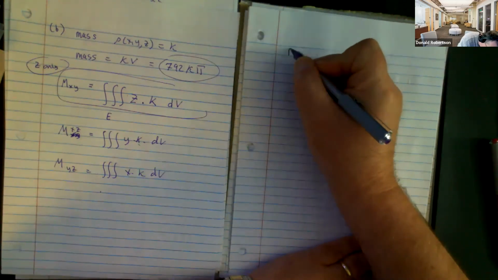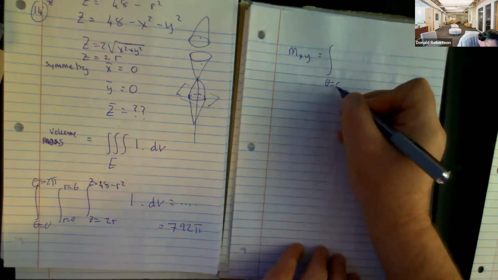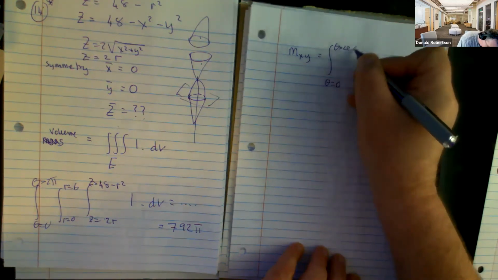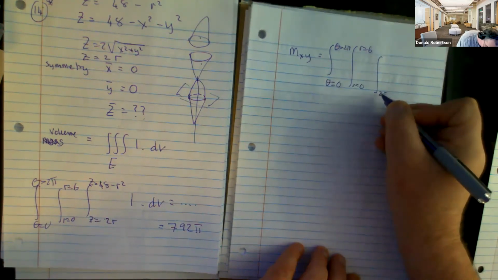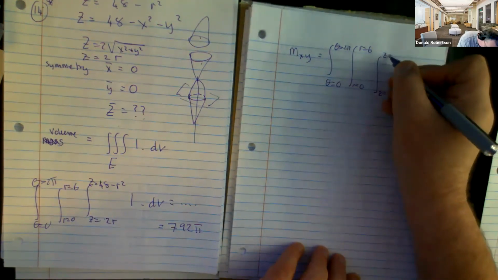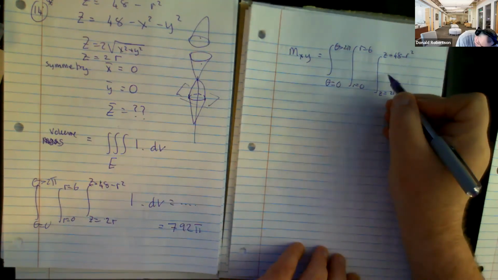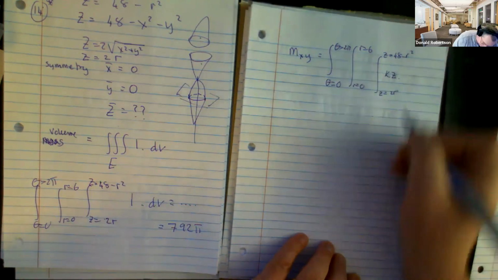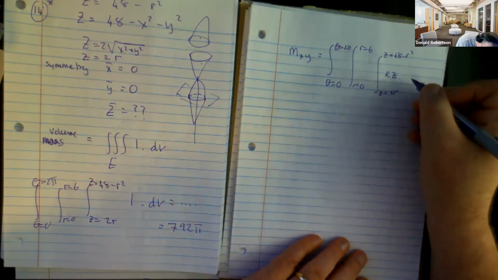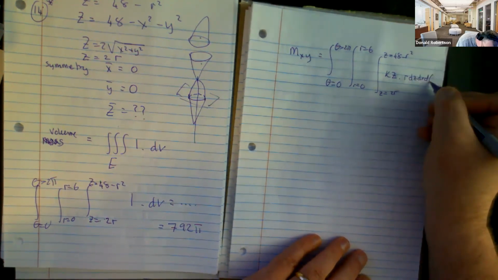So the moment about XY is going to be the integral from theta equals 0 to 2 pi, from r equals 0 to 6, from z equals 2r to z equals 48 minus r squared. And it won't be 1. The only difference is it's going to be k times z, and it's going to be r dz dr d theta.